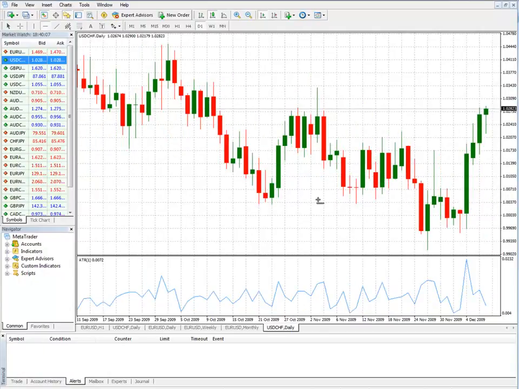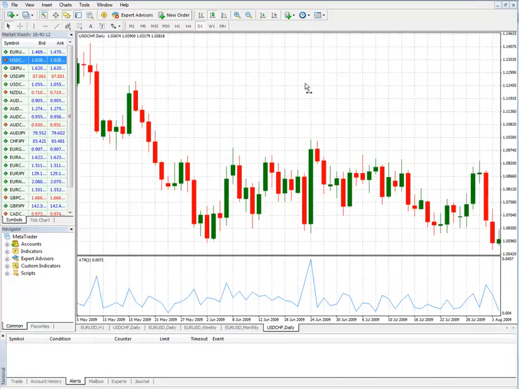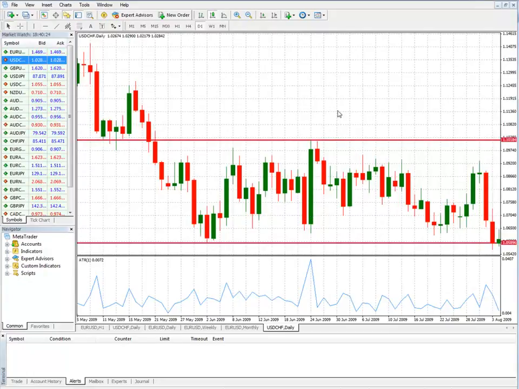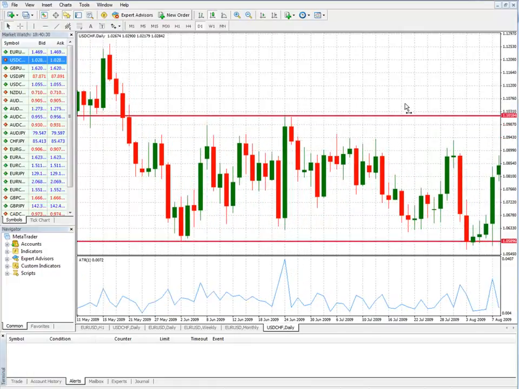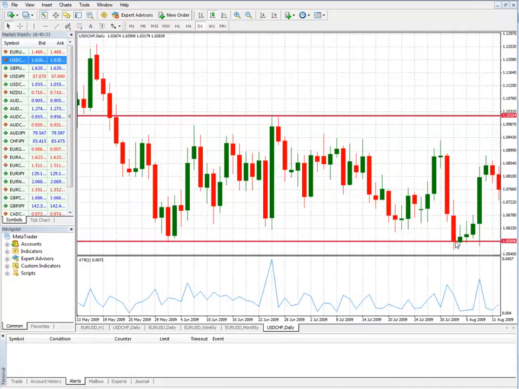Let me turn off auto return there. So we'll just go back a ways. Okay, and let's look at our resistance being up there, our support being down here, and let's go by here one at a time again. We bounce off.